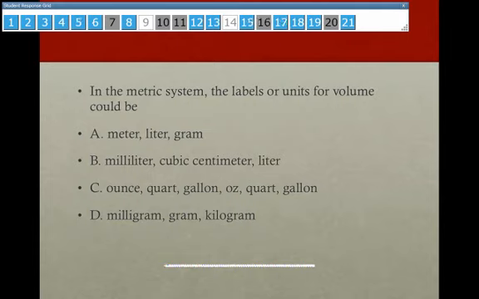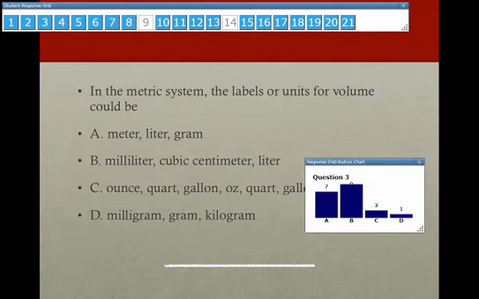And it's just the metric system, not SI units, metric units. Answer is B. Yes. So A has a gram in there. Is gram a unit for volume? No, it's a unit for mass. So A can't be correct. C is all volume units, but they're all English units. And then D is all grams.